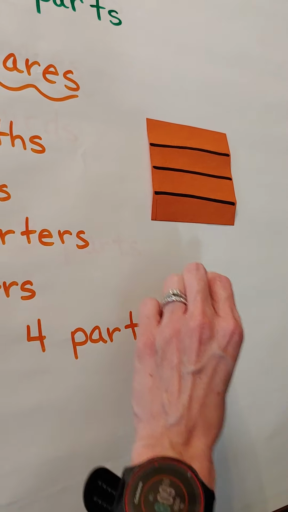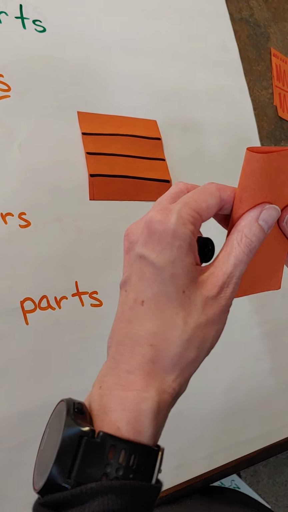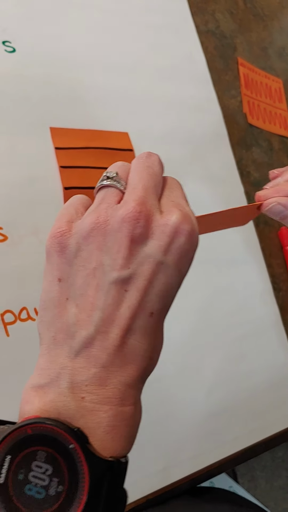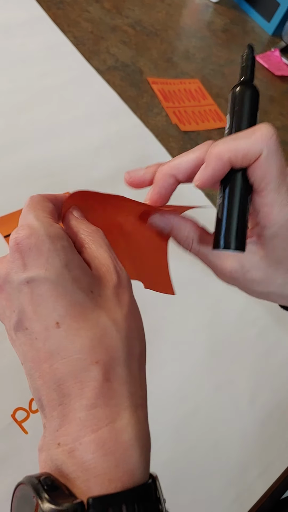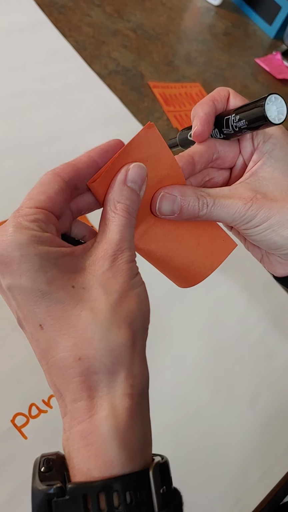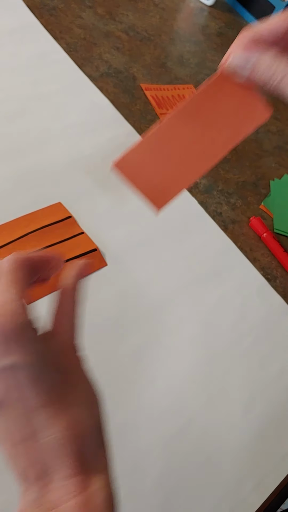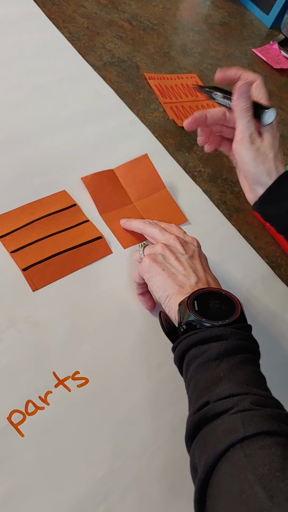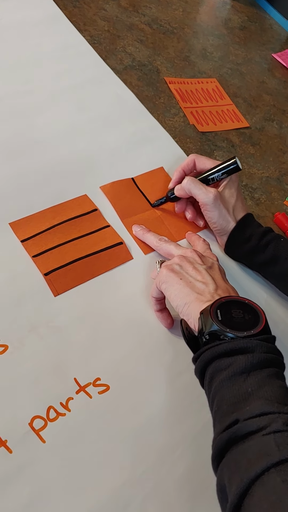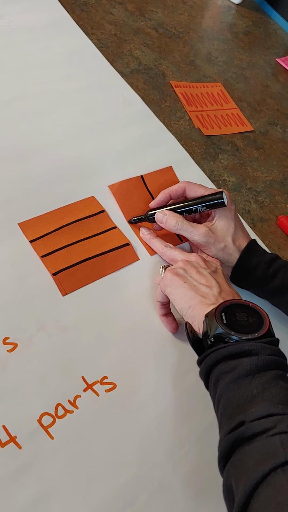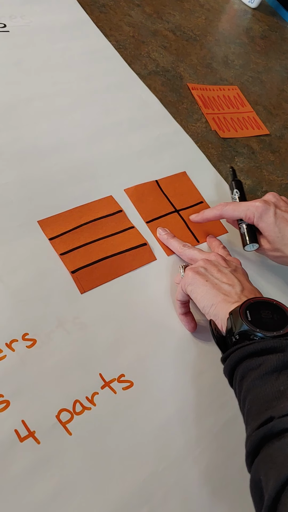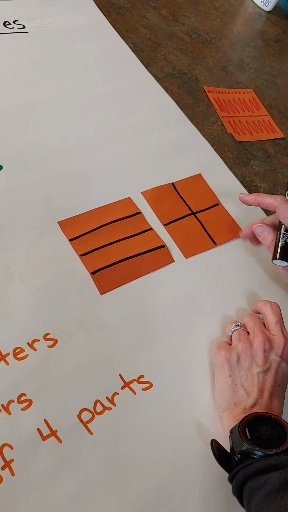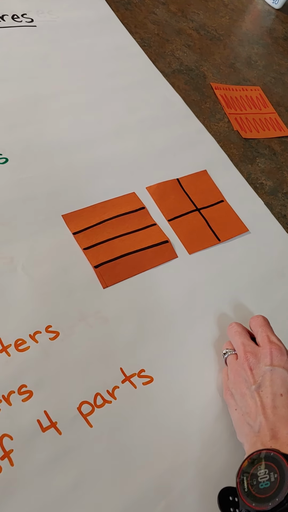I could also try doing it this way. It doesn't matter, does it? 1, 2, 3, 4, still 4 equal shares.